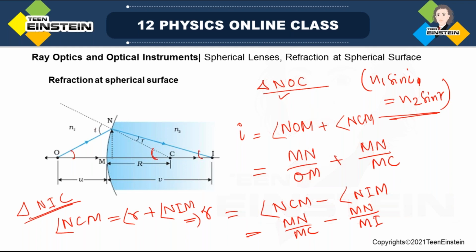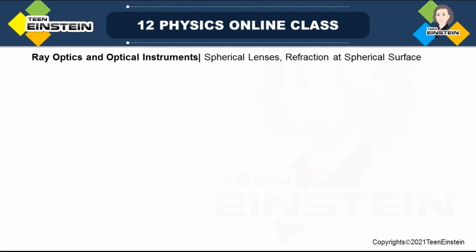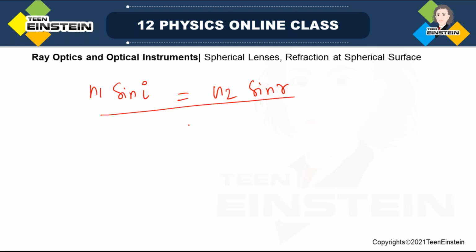Okay, so look here, by Snell's law, what do we know? N1 sin I is equal to N2 sin R. This is Snell's law. We will be applying this now.